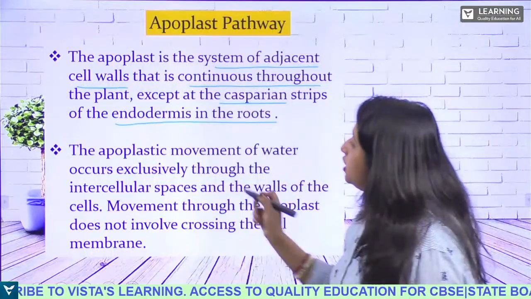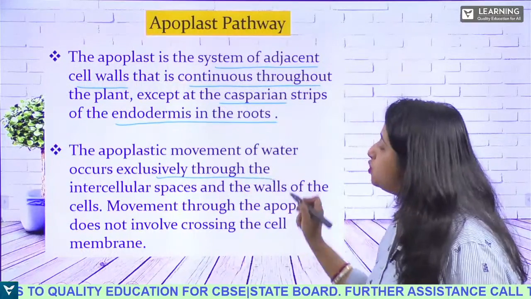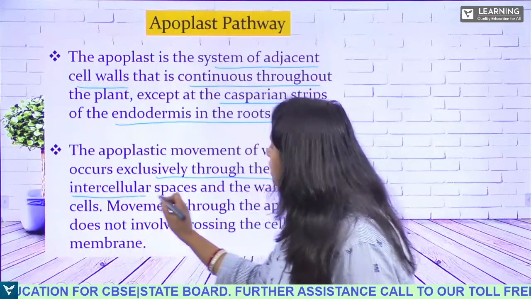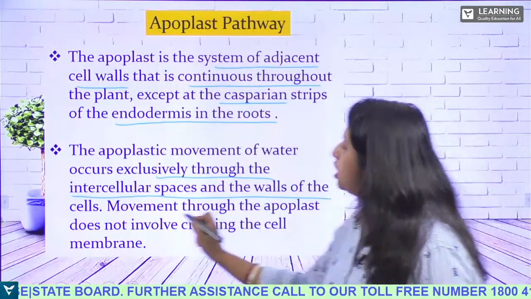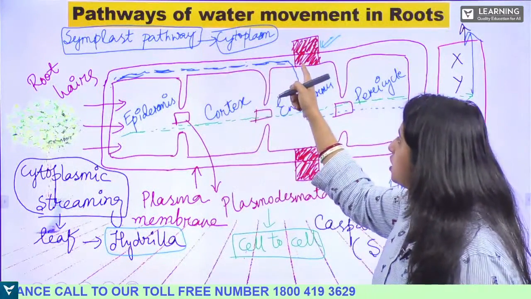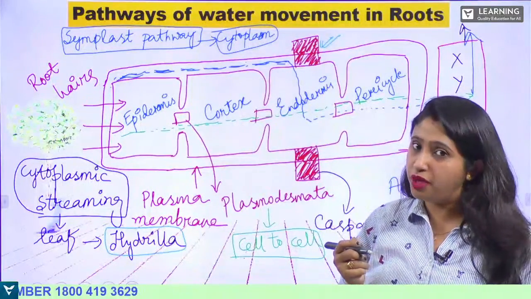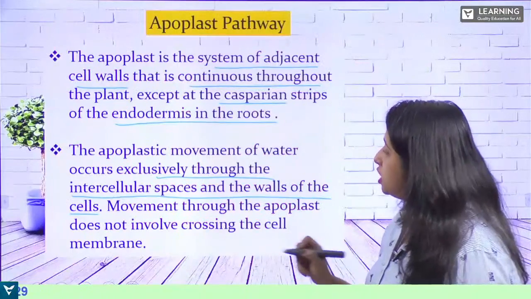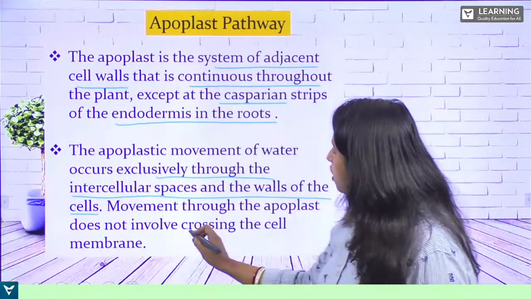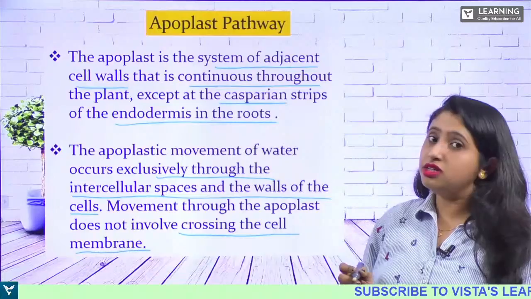The apoplasmic movement of water occurs exclusively through the intercellular space and the walls of the cells. So where does the apoplasmic movement occur? Through the cell walls, not through the plasma membrane. Movement through the apoplast does not involve crossing the cell membrane.